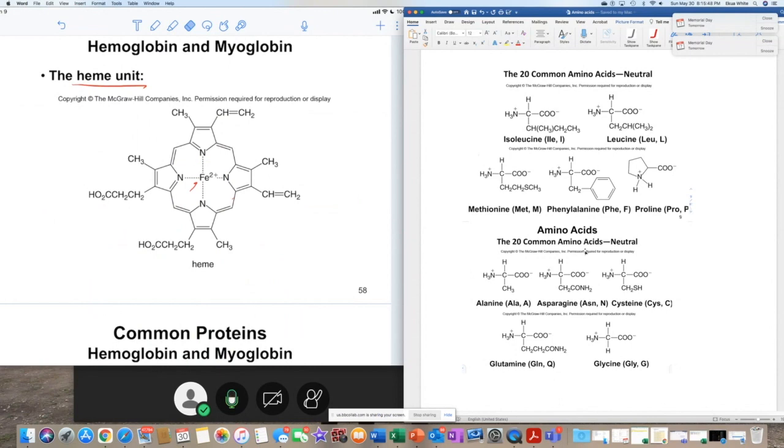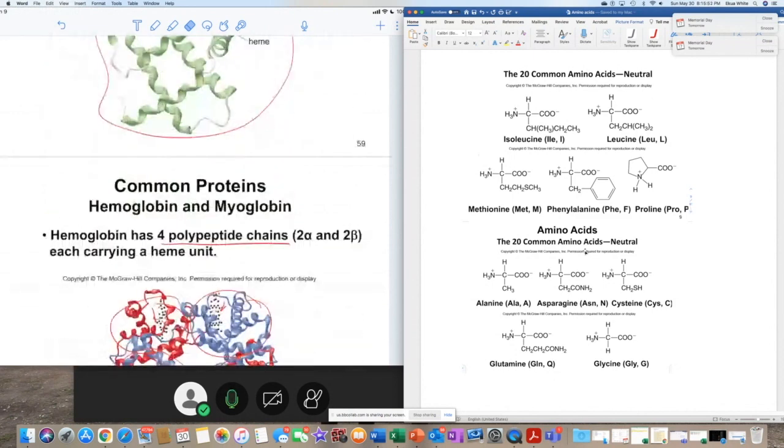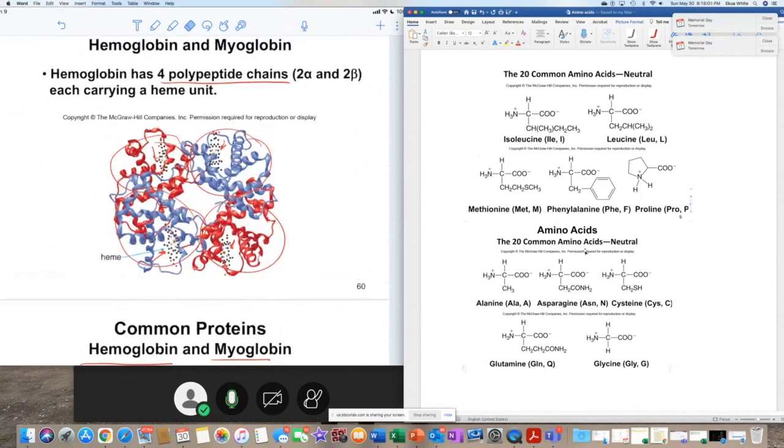And the 4 repeating units then exist inside the 4 protein units in the hemoglobin. So yeah, hopefully that clears things up. But yeah, you have the heme unit here. We have the 4 polypeptide chains. Okay.